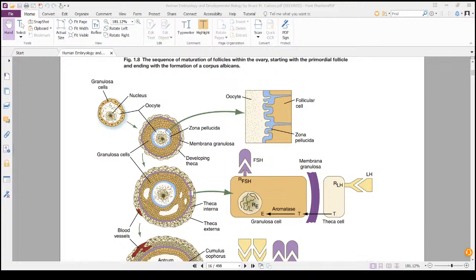Initially they are known as the developing theca, theca folliculi, but later on it differentiates into two layers: theca interna and theca externa. Theca interna, internal, is attached to the membrana granulosa, and then theca externa. Theca interna is highly vascularized, meaning a lot of blood vessels are present compared to the theca externa.